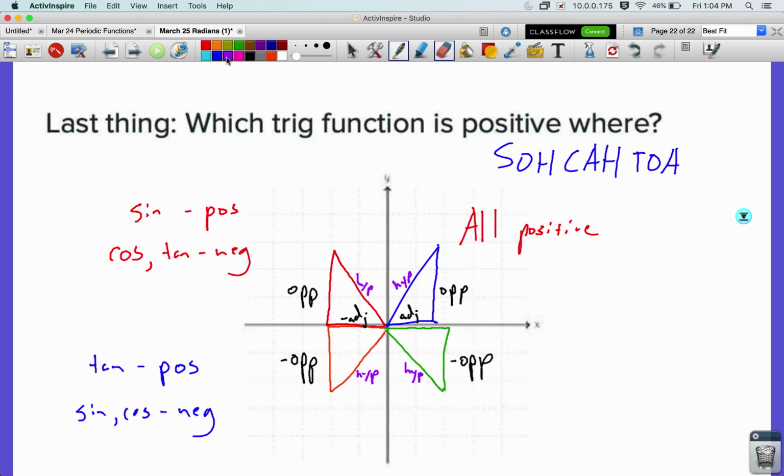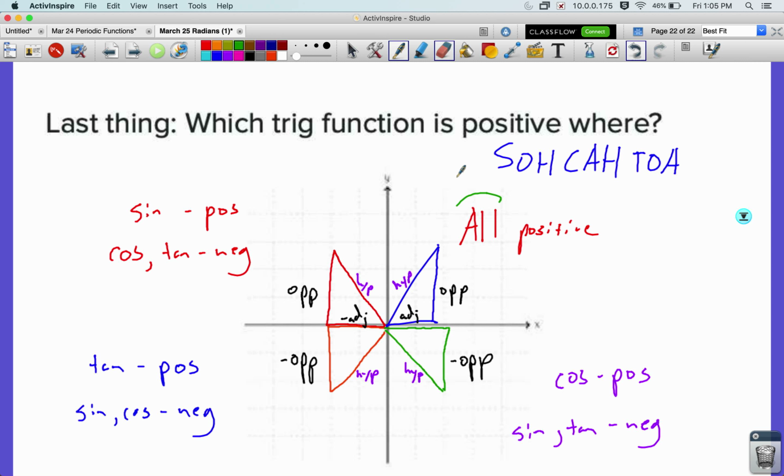And in our last quadrant, cosine is the only one that's still positive because it's only based off the adjacent, which is still positive here. So we'll say cosine is positive, and sine and tangent are negative because they both involve opposite, and opposite is negative down here.